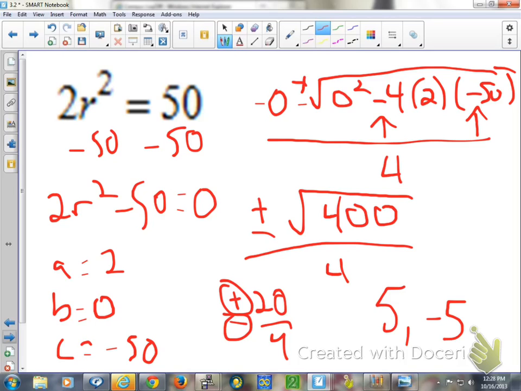Oh, up here. That's minus positive 4, positive 2, negative 50. You have to multiply 4, 2, and negative 50, and it's negative 400. But then it's minus negative 400, which is why it's positive 400. Okay. Yeah.